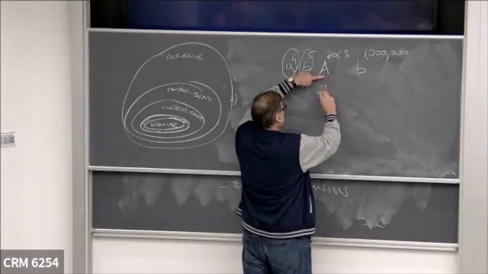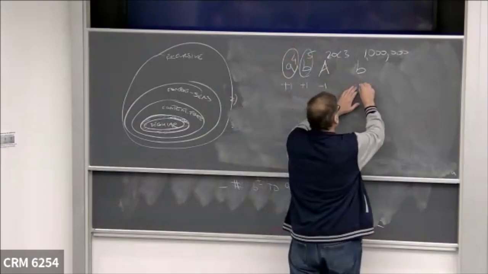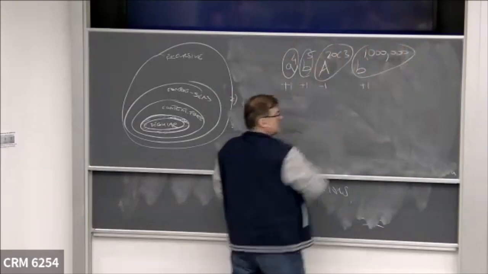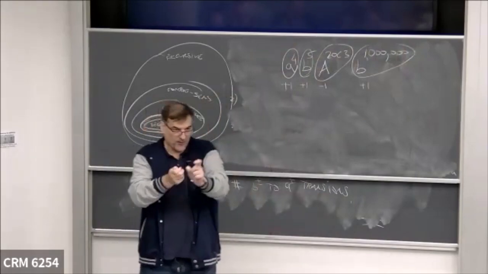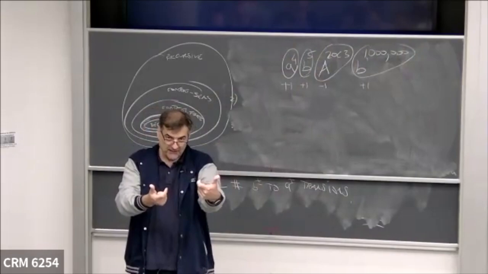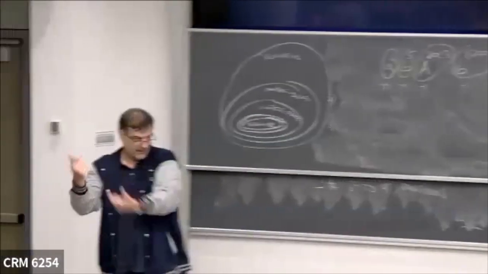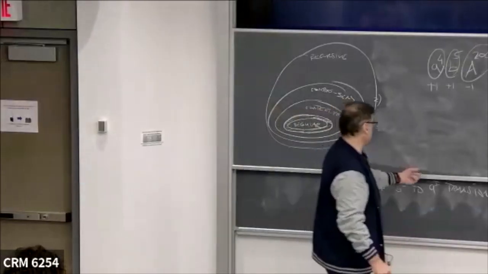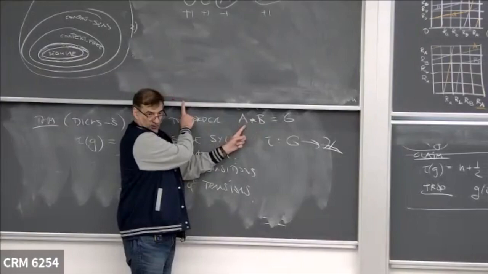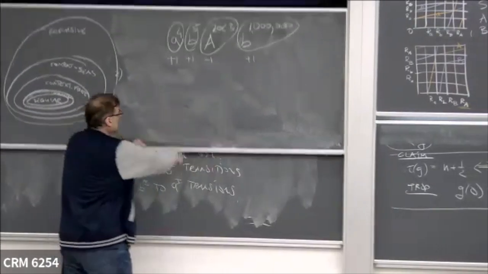Negative syllable: it doesn't matter that it's 2023 of them, it just counts as -1. And this one counts as +1. So those are the 4 syllables here. In a free product, you're just counting a nontrivial element in A, followed by a nontrivial element in B, then a nontrivial element in A. Because both A and B were ordered, some of those syllables will be positive and some negative, so you can always do this calculation.